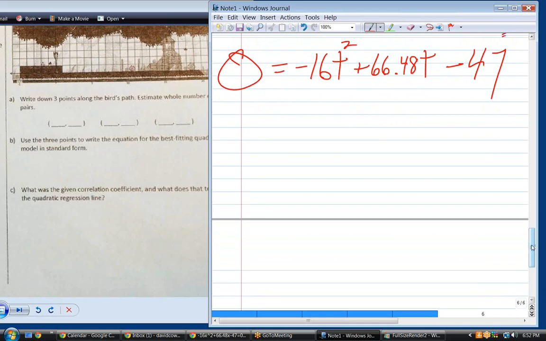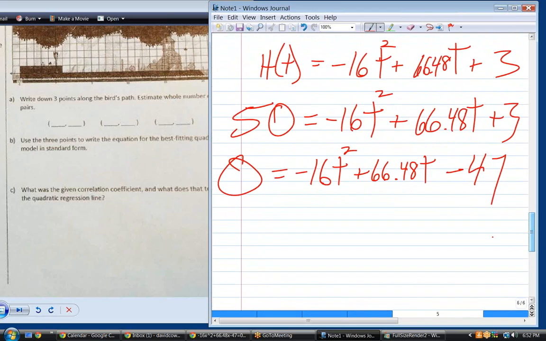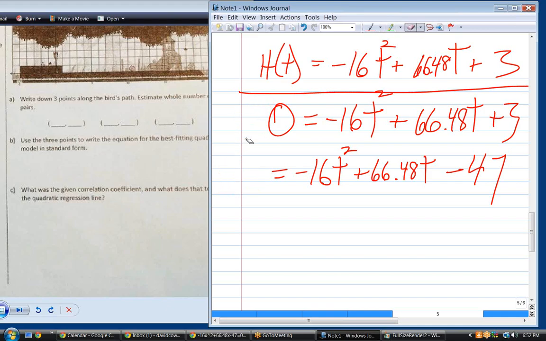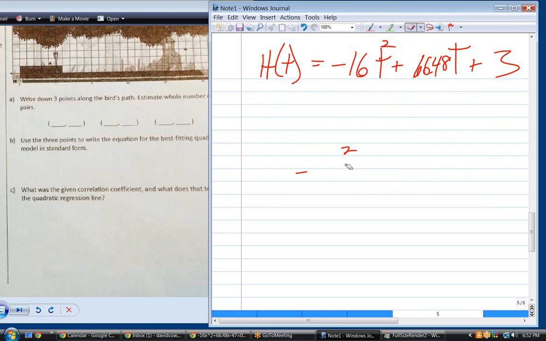All right, here was our equation right up here. Okay? So, how do we figure out 3 points along that path? I don't know. Well, let's try a t of 1, a t of 2, and a t of 3. Okay. So what is h of 1 equal to?